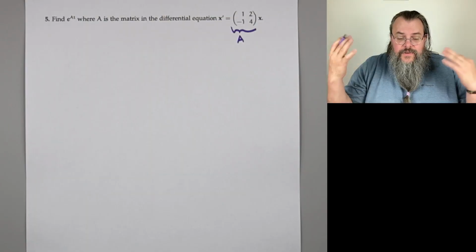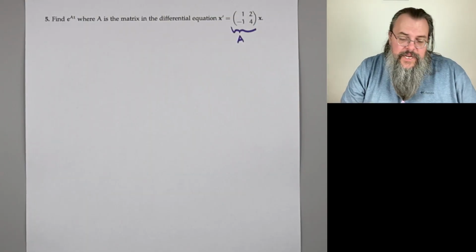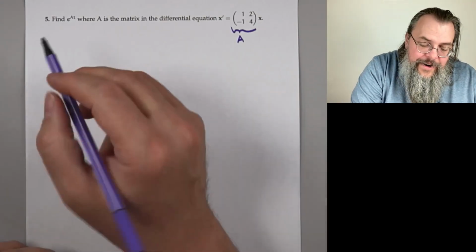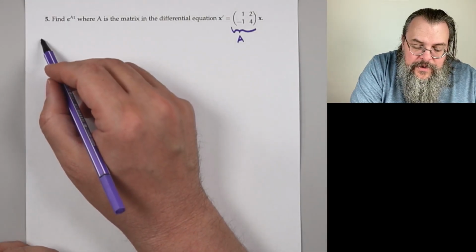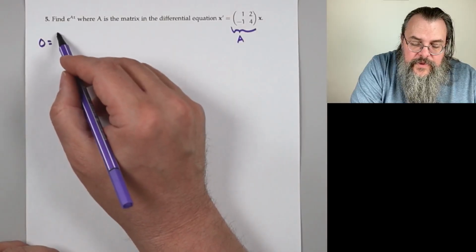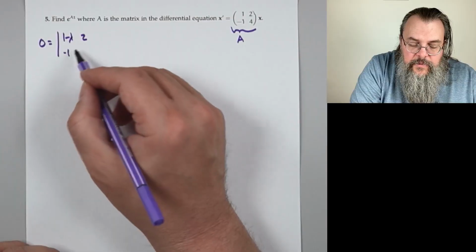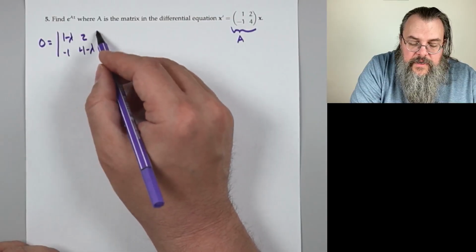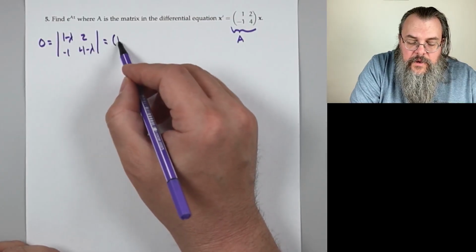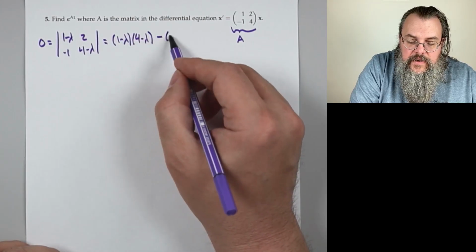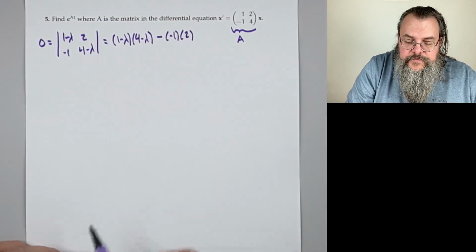So, any question where we have matrices involved, find the eigenvalues, right? So here we go. We set 0 equal to the determinant of [1 minus lambda, 2; -1, 4 minus lambda]. So that's going to be 1 minus lambda times 4 minus lambda, subtract minus 1 times 2.